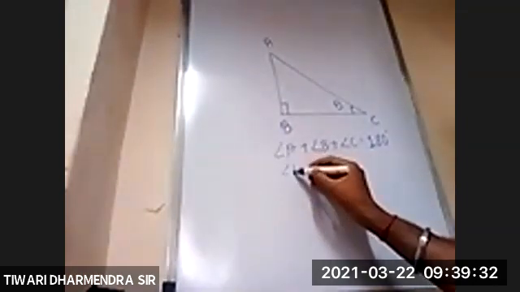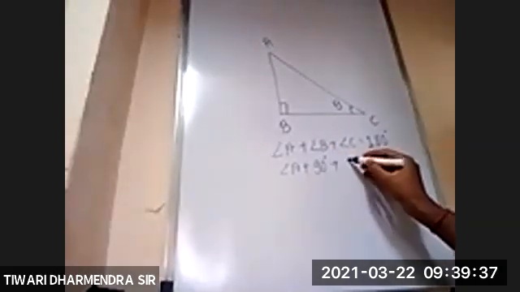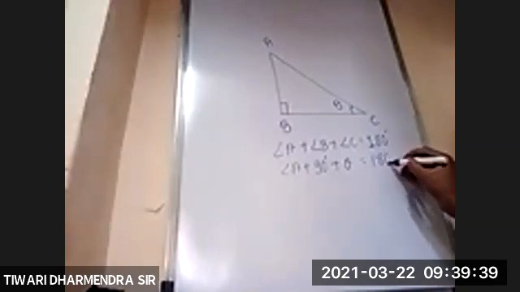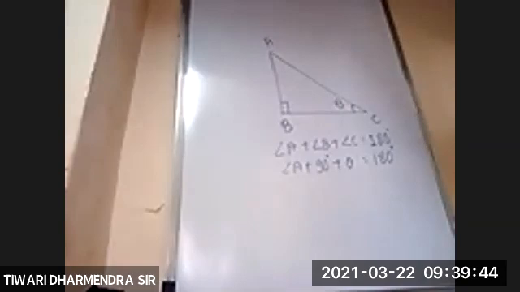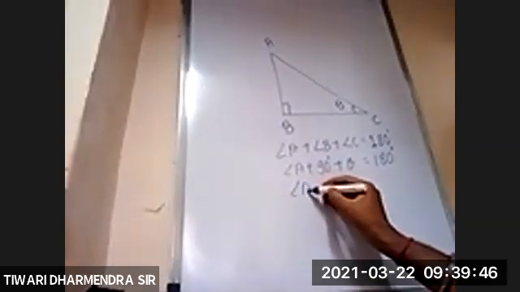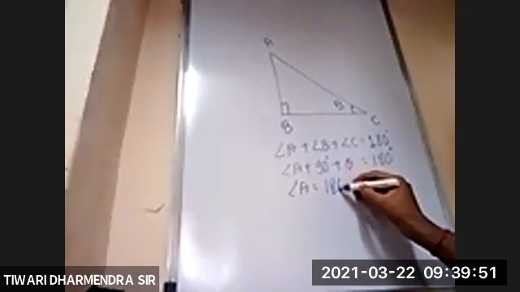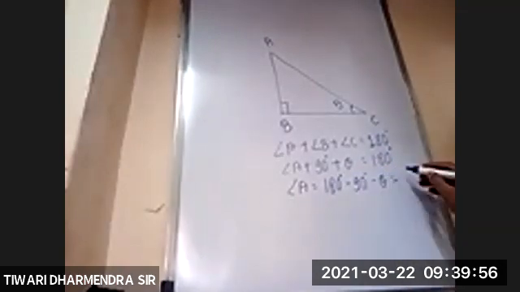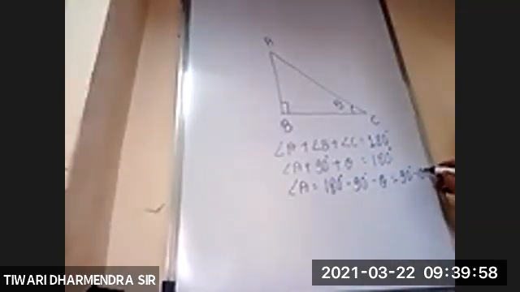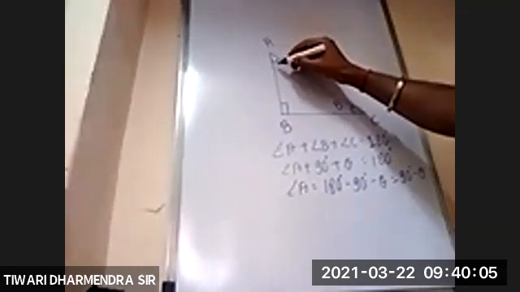So angle A plus 90 degrees plus theta is equal to 180 degrees. We want to find this A. So taking 90 and theta to the right hand side, angle A is 180 minus 90 minus theta, which is 90 minus theta. Angle A is 90 minus theta.